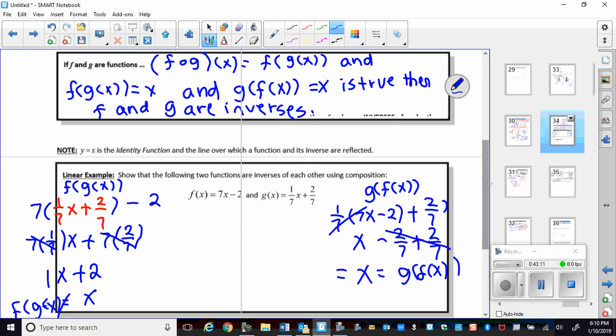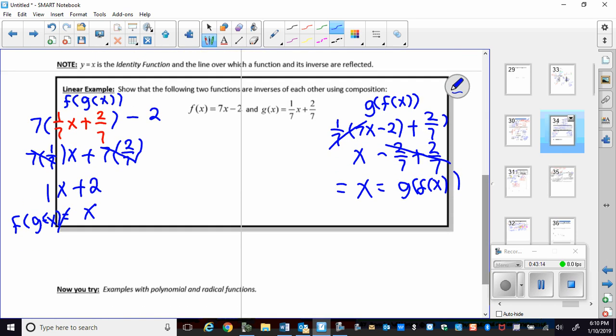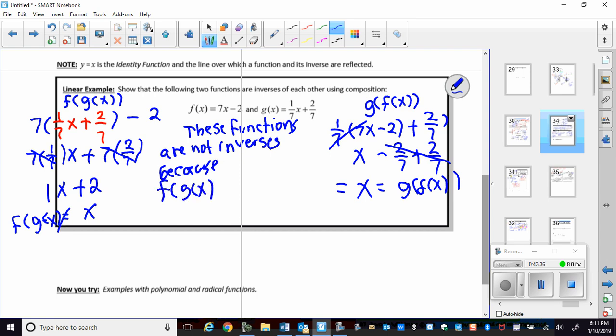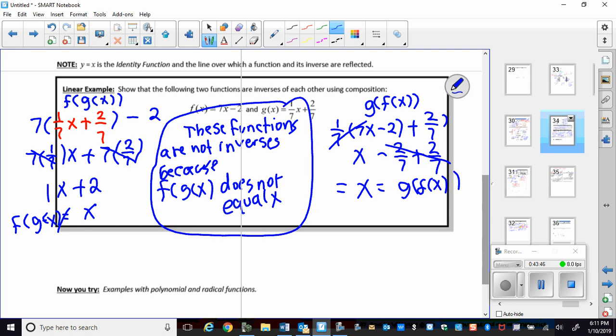Both have to equal x. So our answer is these functions are not inverses because f of g of x does not equal x. That's our answer. And we did our proof.